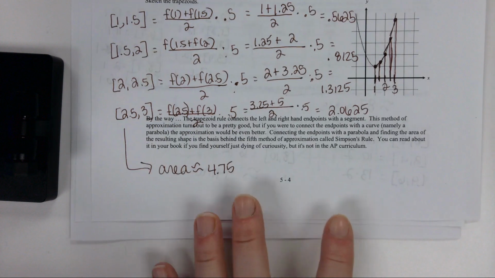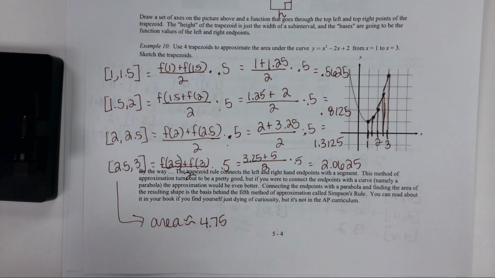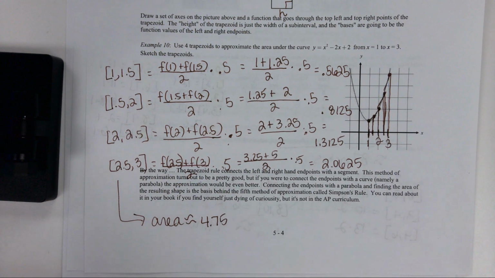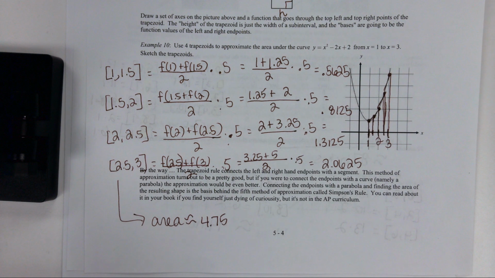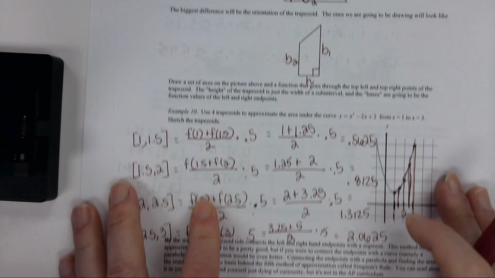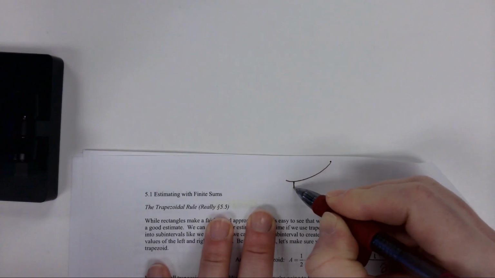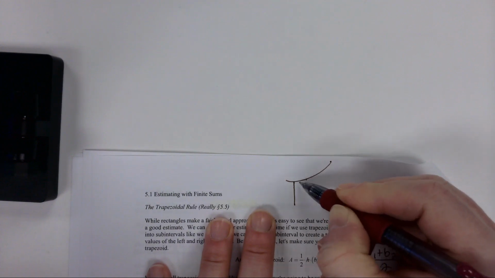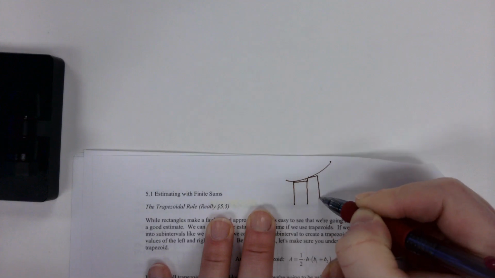We should talk about concavity though in the trapezoid rule. Remember how I said with rectangles you can tell, and I don't like to memorize things. I just kind of like to sketch a picture. If a function's increasing, and I was doing a left-hand approximation, do you see how that would underestimate?